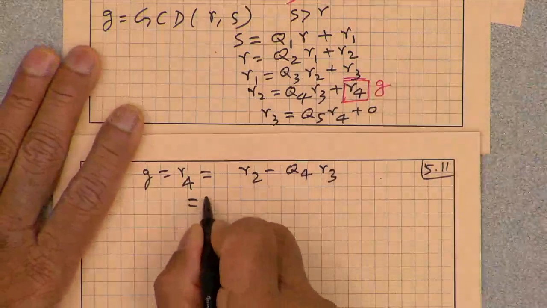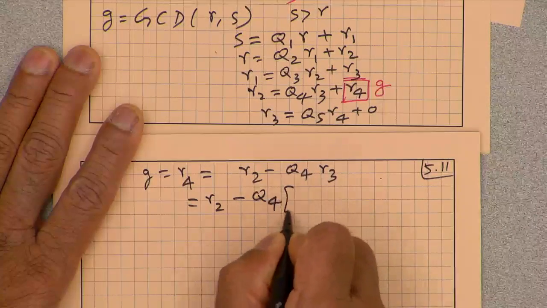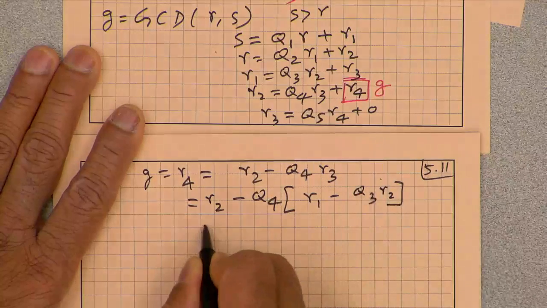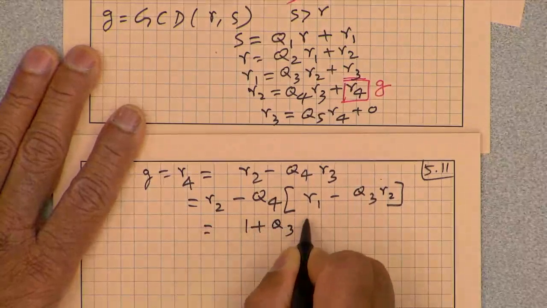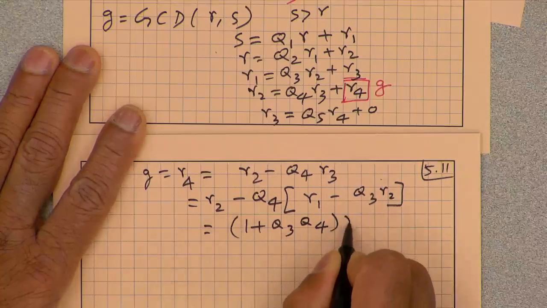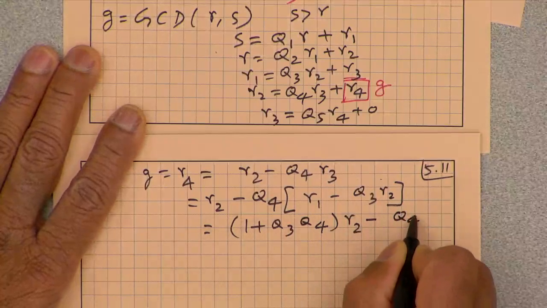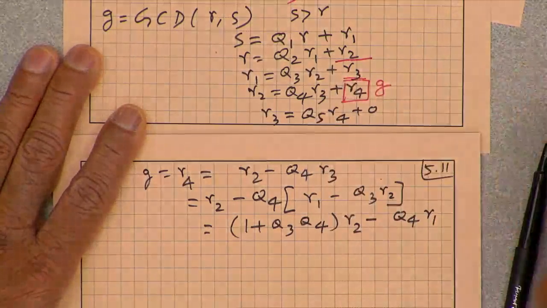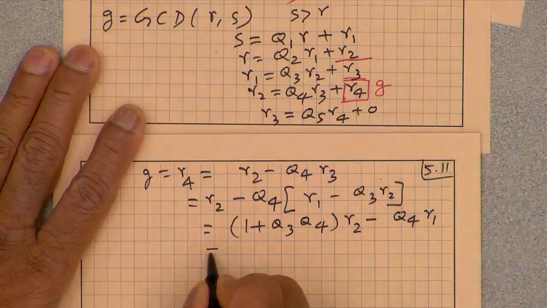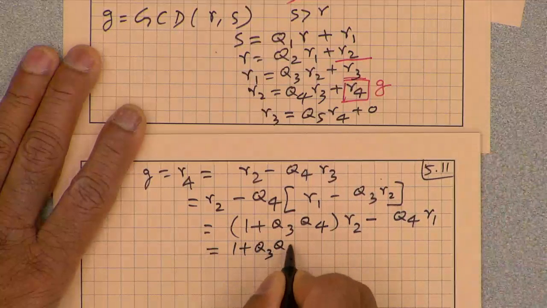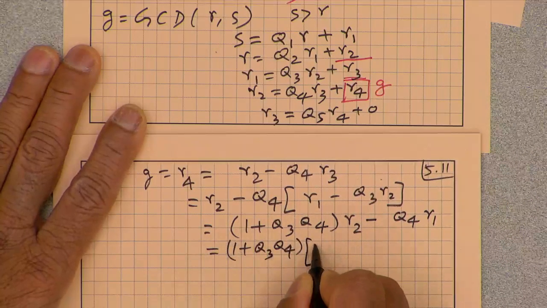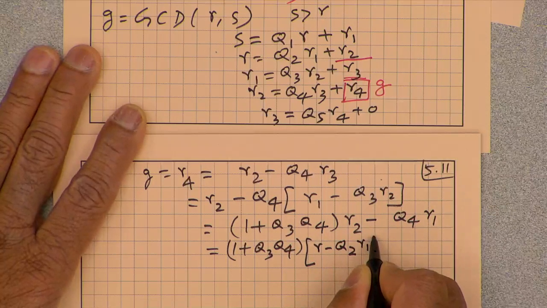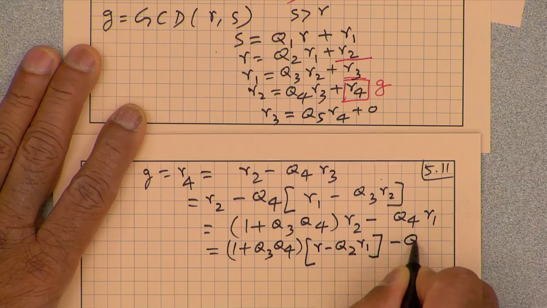So that's R2 minus Q4 times (R1 minus Q3 R2), and that becomes (1 plus Q3 Q4) times R2 minus Q4 times R1. Okay, then substitute the remainder before that, which is R2. So this is (1 plus Q3 Q4) times (R minus Q2 R1) minus Q4 R1.